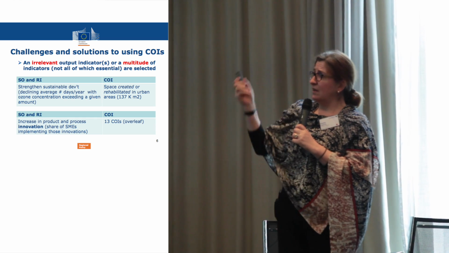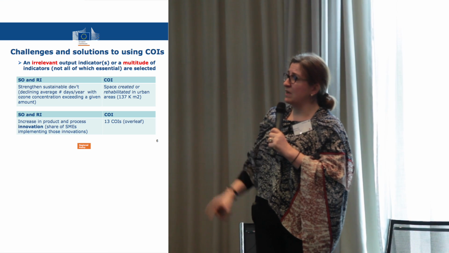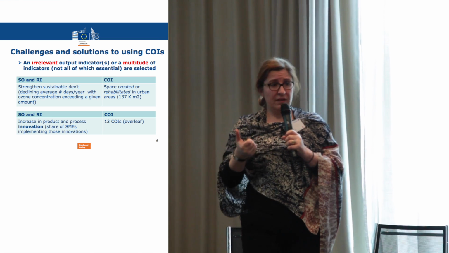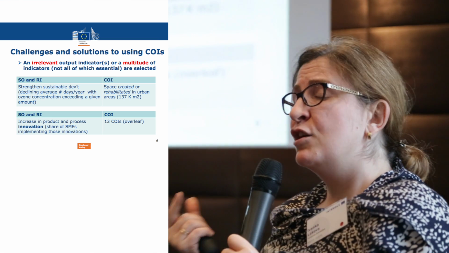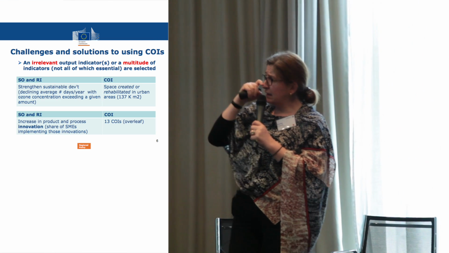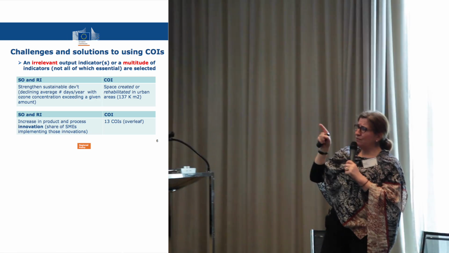So irrelevant, how would you think a small ETC program, small in terms of financial funding, but also small in terms of outreach, is going to be able to impact the declining average number of days with ozone concentration above a certain level? Probably by using intermodal transport, probably by using electric trains.